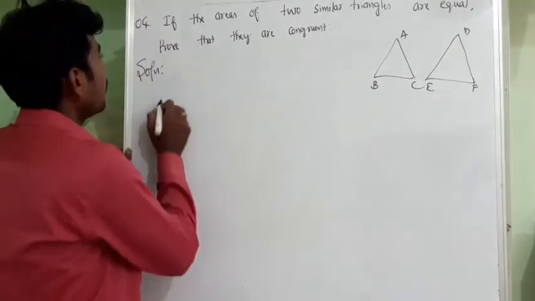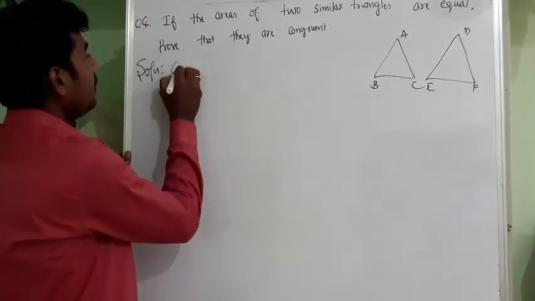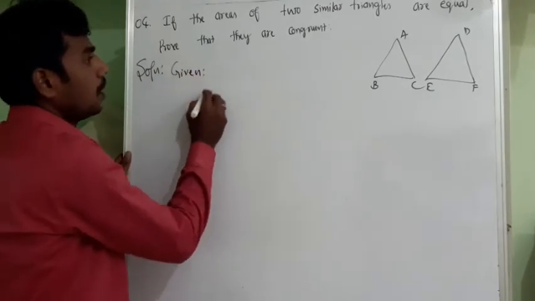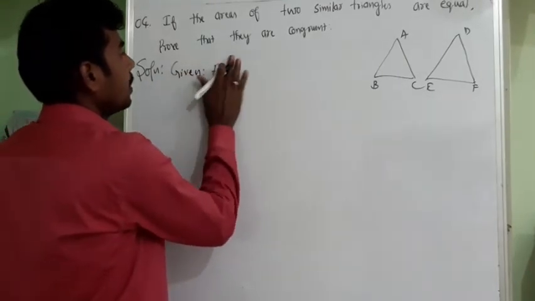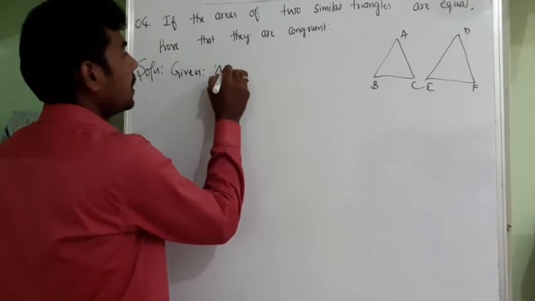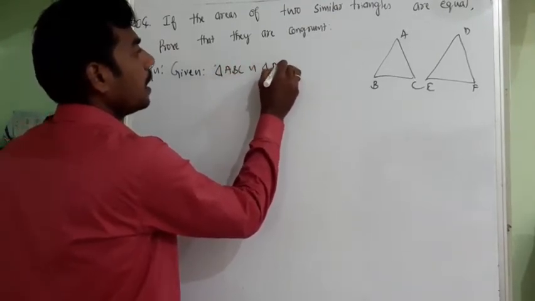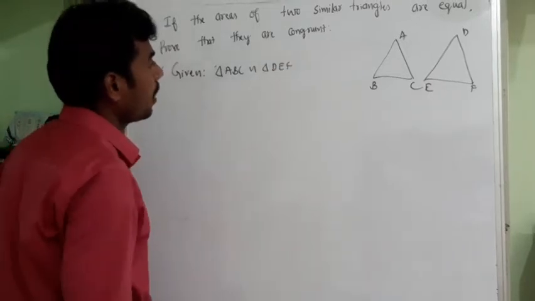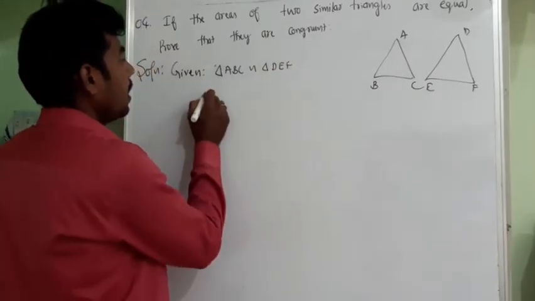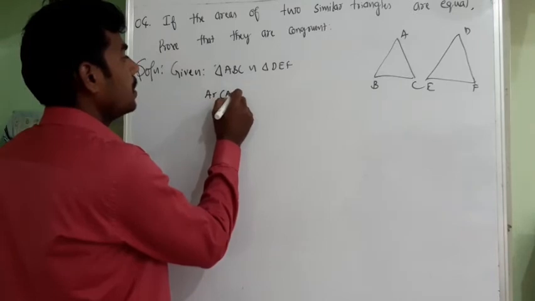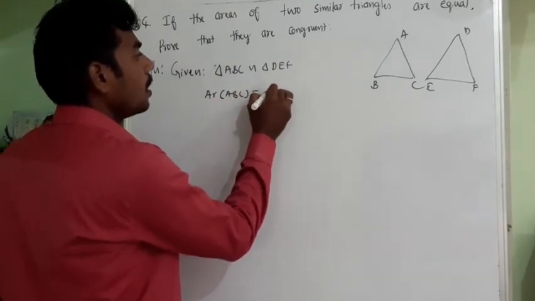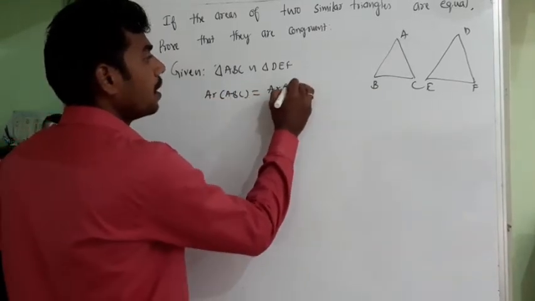So given: triangle ABC is similar to triangle DEF, and area of triangle ABC is equal to area of triangle DEF.